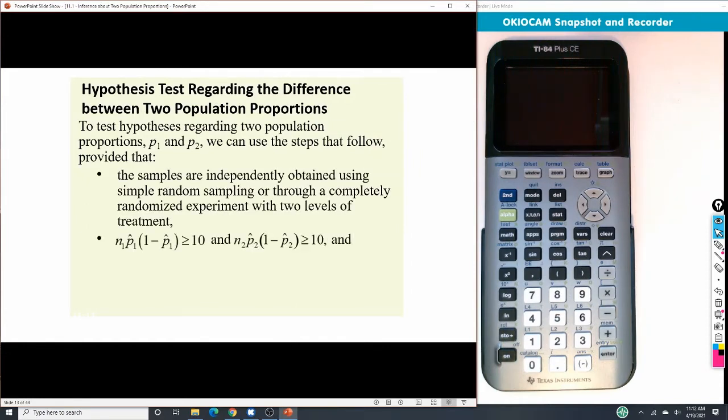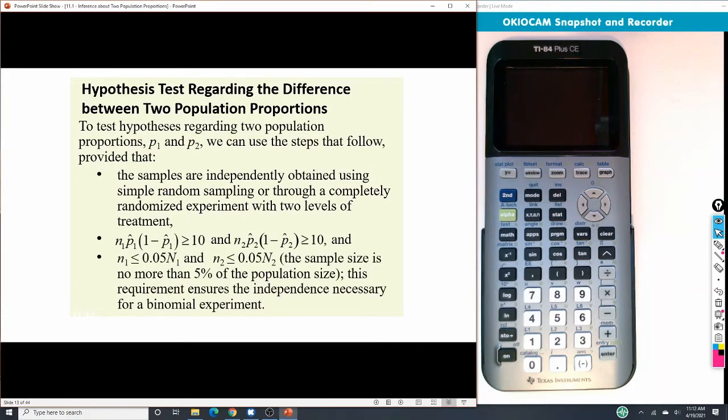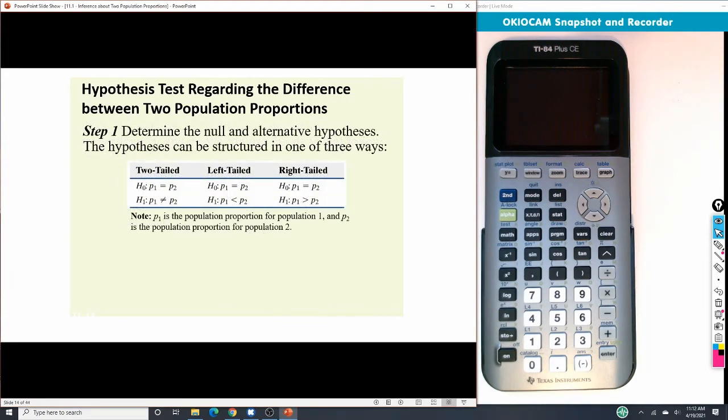A lot of things still remain the same here, looking at our percentages and greater than 10 that we've done before. We also have our hypothesis testing, again still the same for two-tailed, left-tailed, right-tailed. It's all about what we have, so we know what direction to compare all of these things.